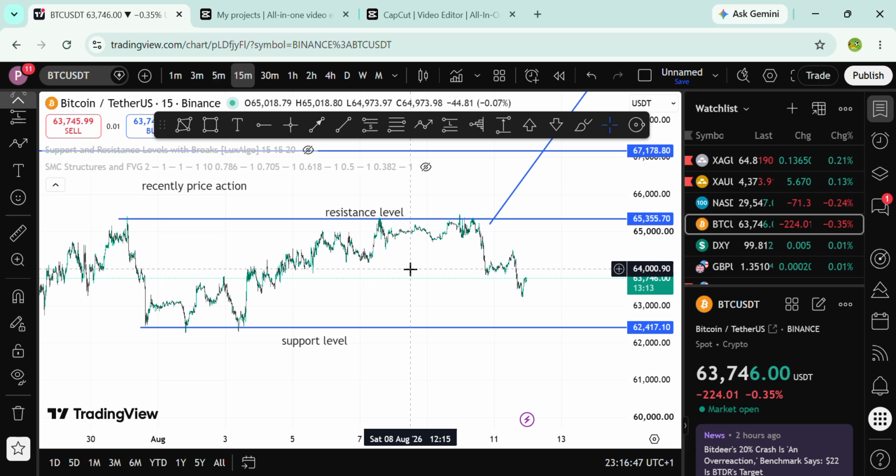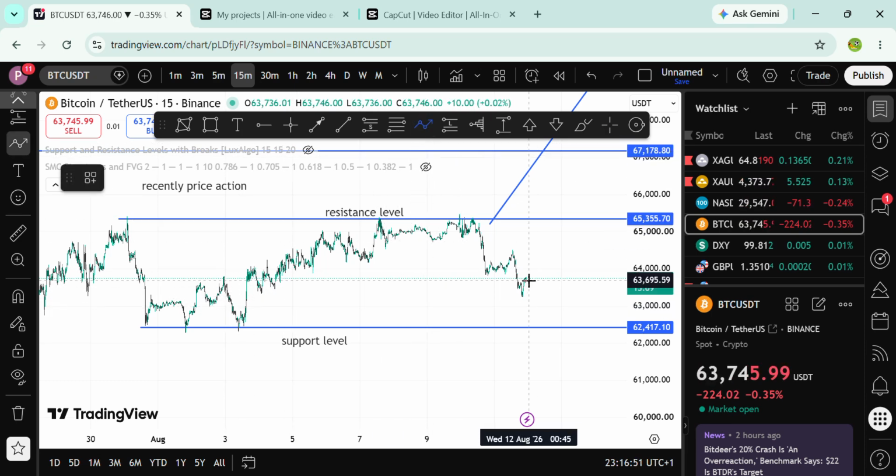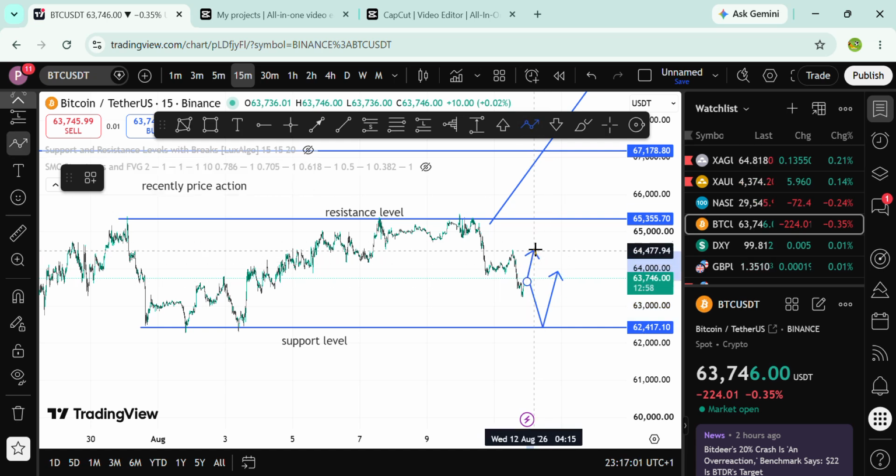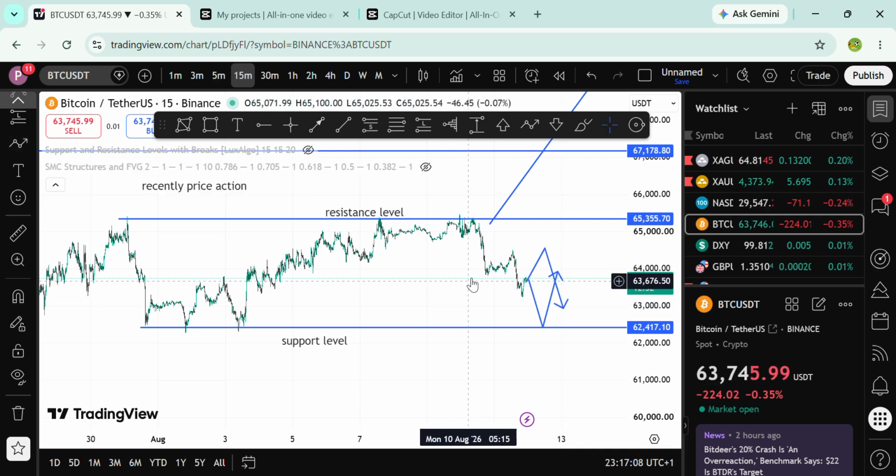So you can see we are looking out for either the market to come to this point here and buy from here, or we wait for the market to get to this point here. This is a resistance and sell downward. So there are two things about it.